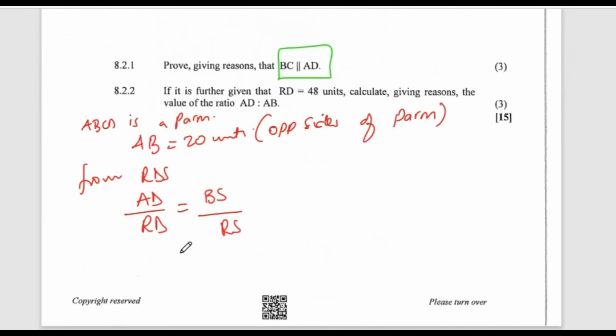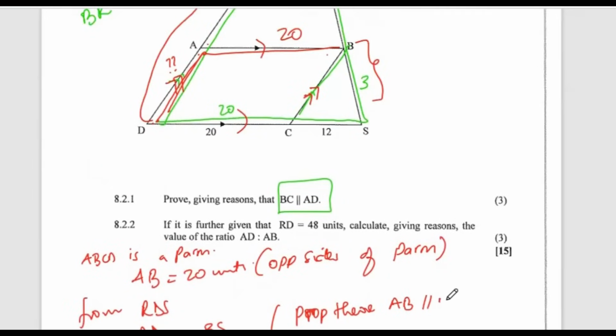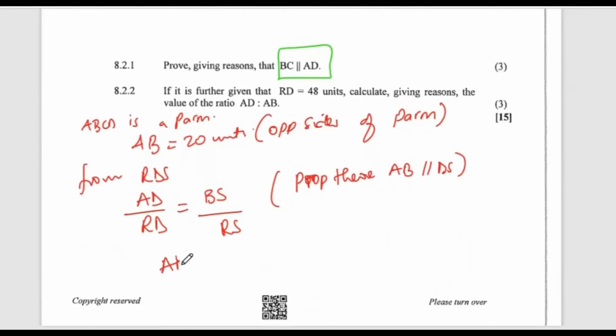I'm comparing it. The reason is the proportionality theorem, because AB is parallel to DS. Then I'll substitute what I want, AD. So AD is going to be the same as BS times RD over RS.